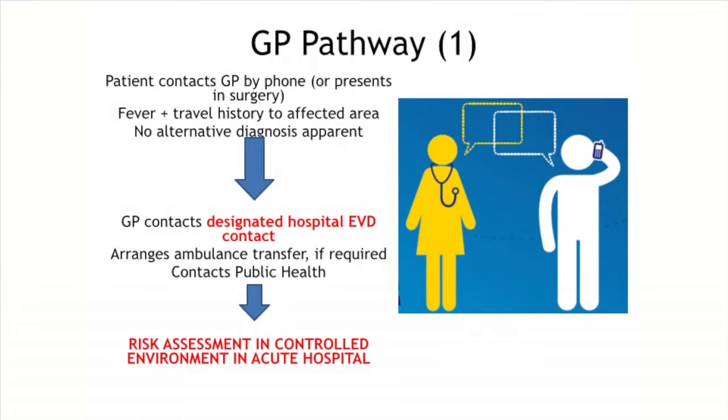Each hospital has been asked to designate a hospital EVD contact point, and if you do that and provide it to your GPs, you can get prior warning of any cases coming from general practice. The GP, in consultation with public health, then arranges transfer to hospital by ambulance if required, and public health is involved. So the risk assessment can then take place in a controlled environment in the acute hospital setting.